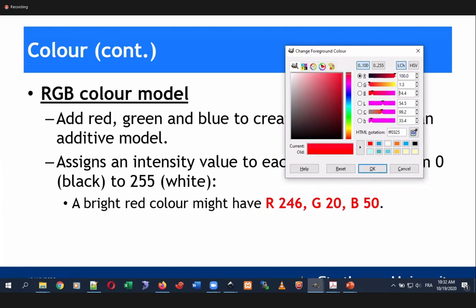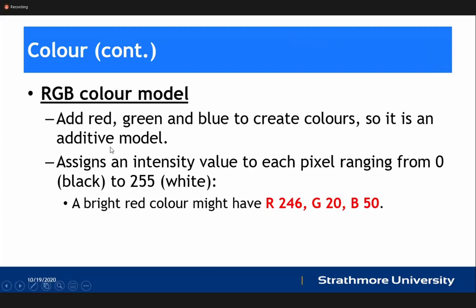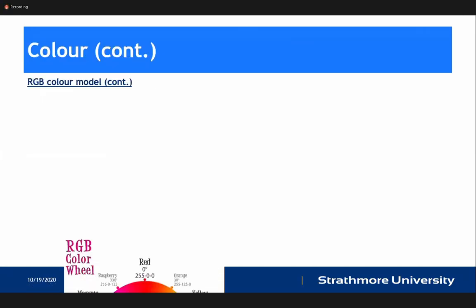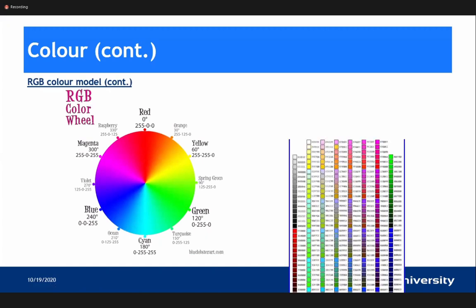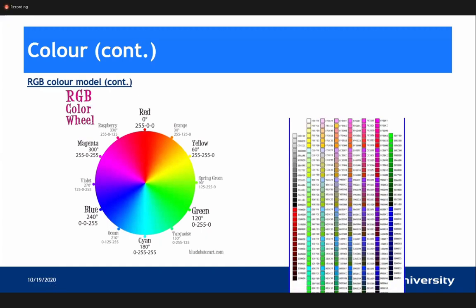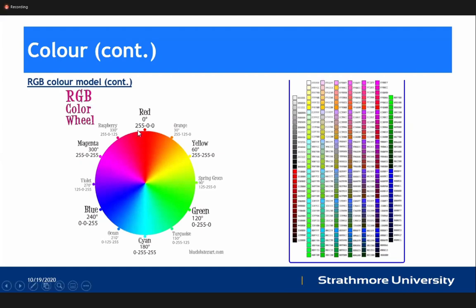To change color, you will need to change the intensity of the three colors. When you represent it on the color wheel, you have pure red at 255, while blue is 0 and green is 0.